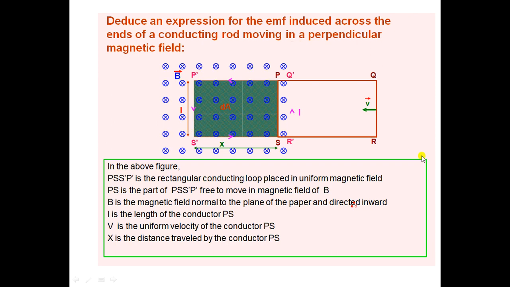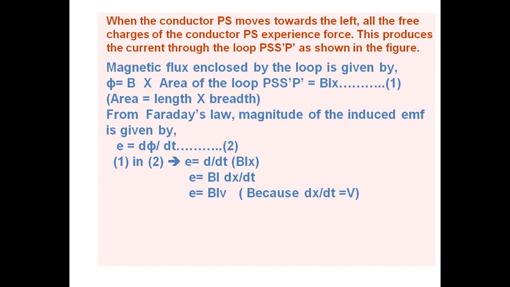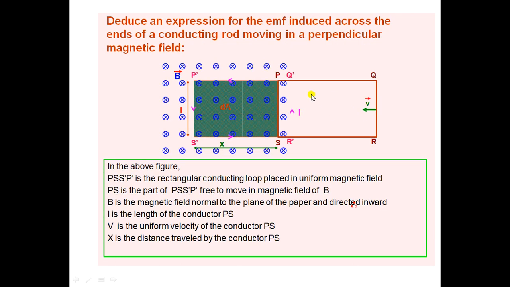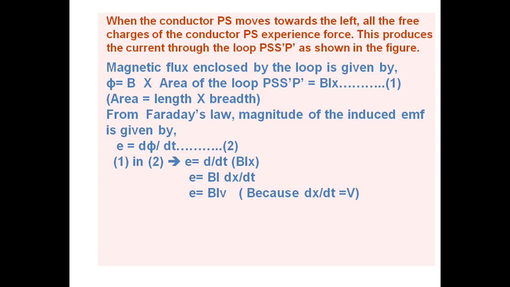Suppose l is the length of PS, and the breadth SS' is x. So l into x is the area of this loop. So the flux is B into l into x, since area is length into breadth, l into x, in the above figure.